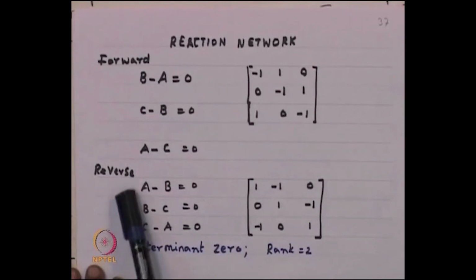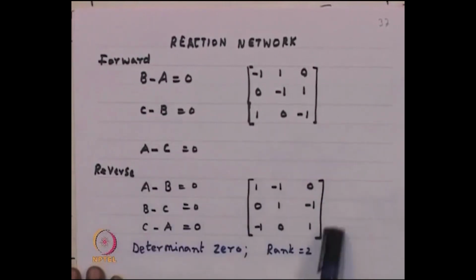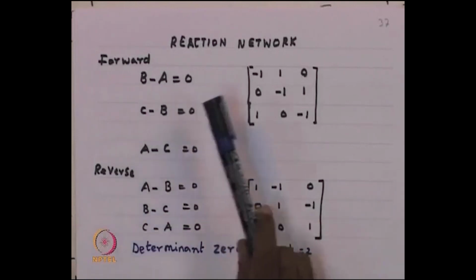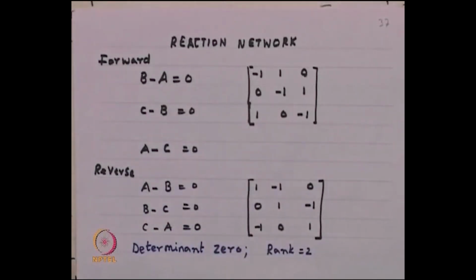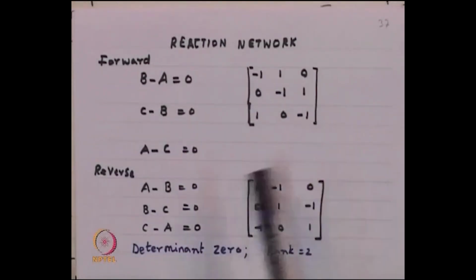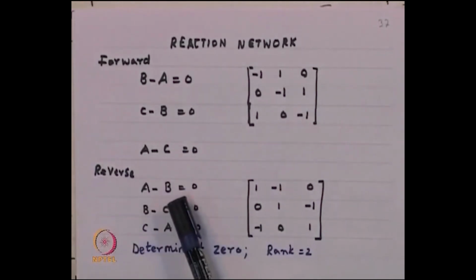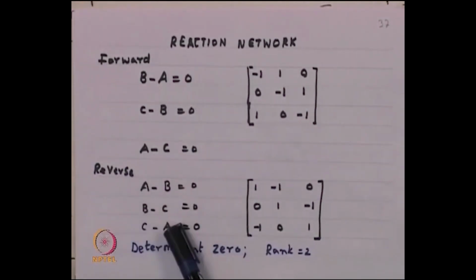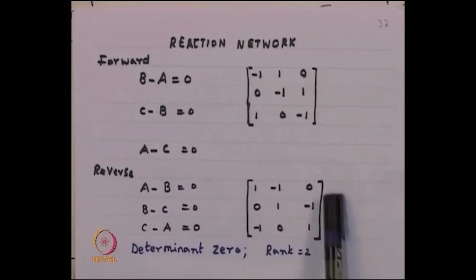Now, if you take only the reverse reaction, then the stoichiometric matrix looks like this. Is this clear what we are saying? We have only A goes to B, B goes to C, C goes to A, assuming that it is not reversible, then this is the stoichiometric matrix. If only the reverse reaction is occurring, that means B goes to A, C goes to B, A goes to C, then this is the stoichiometric matrix.